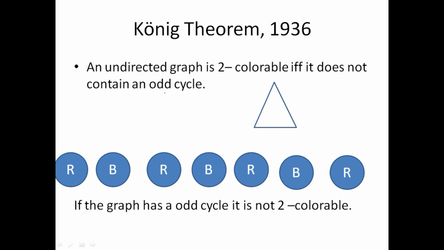So now there is an edge from the last node to the first node, both are colored red, so there is a problem. If I had started with a blue color at the starting vertex, then the last node would also have the blue color, so there is a problem, right? So this proves that if the graph has an odd cycle, then it cannot be colored with 2 colors.